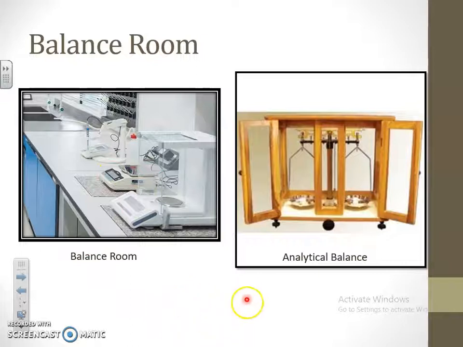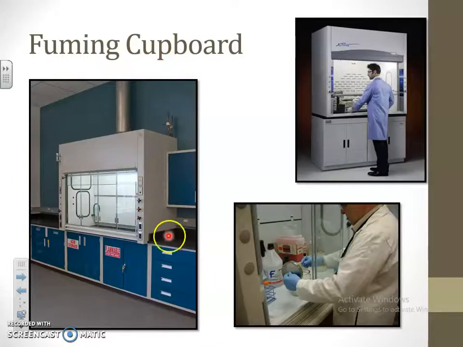Next, the fuming cupboard. This is a separate fuming cupboard situated in one corner of the laboratory. It is a closed one, with an exhaust system connected to it. Normally the fume-forming chemicals and fume-forming reactions are handled inside this fuming cupboard, by inserting the hands of the working person inside.